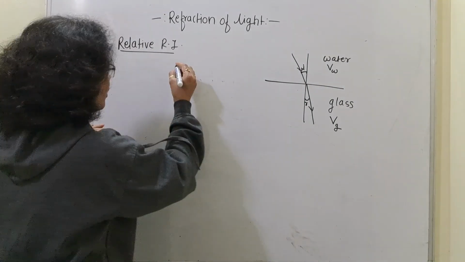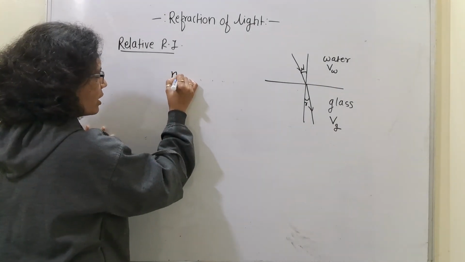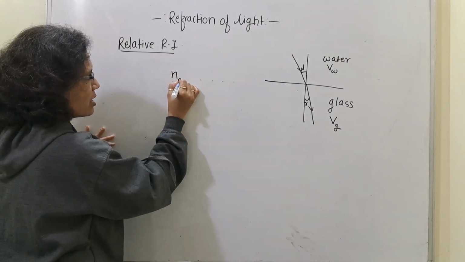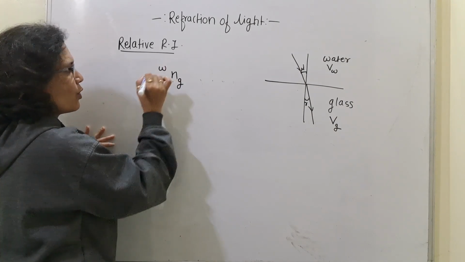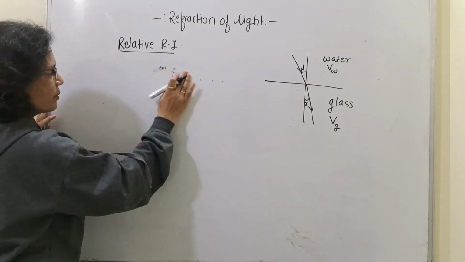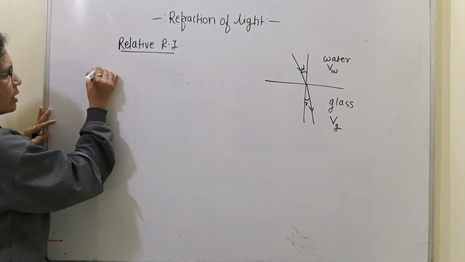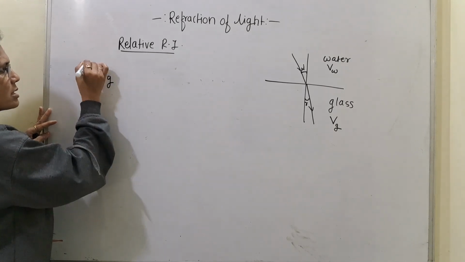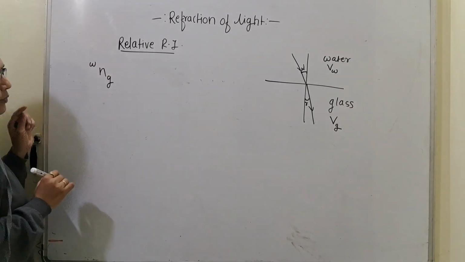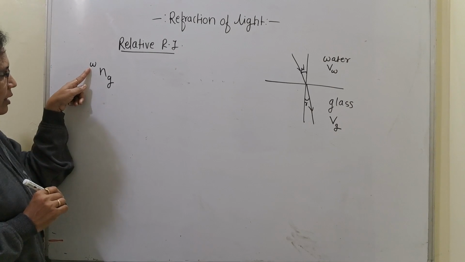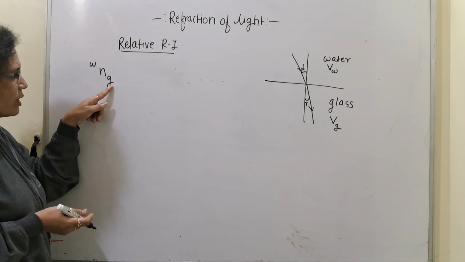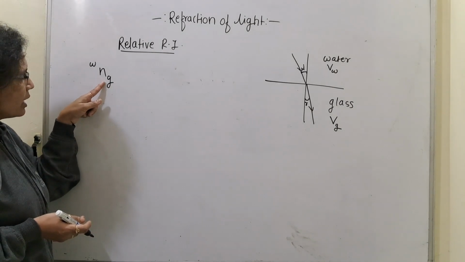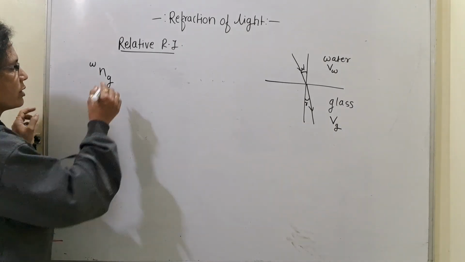So we have to write like this: refractive index of glass with respect to water. I will write it here.